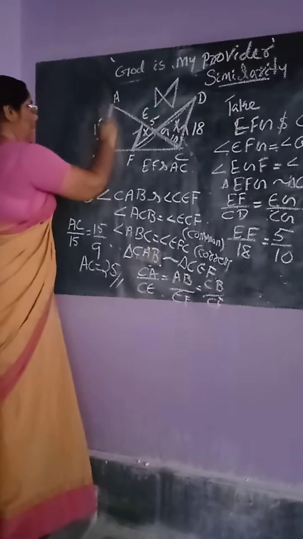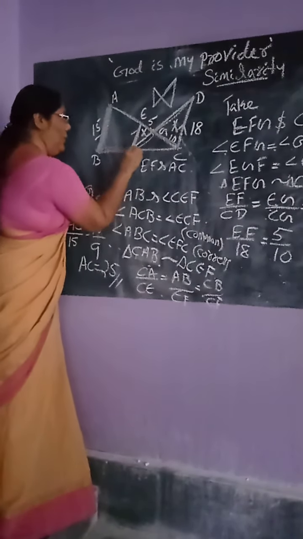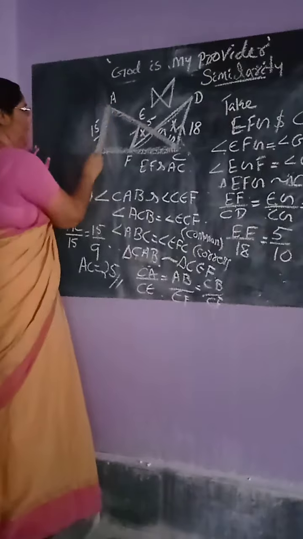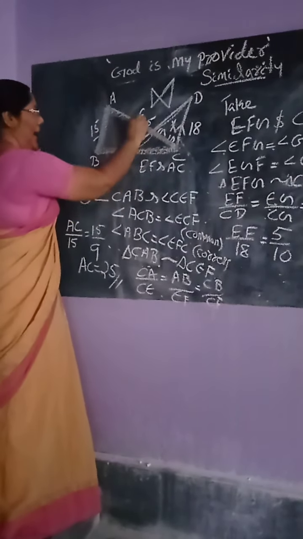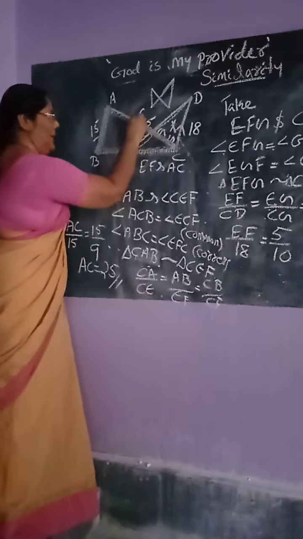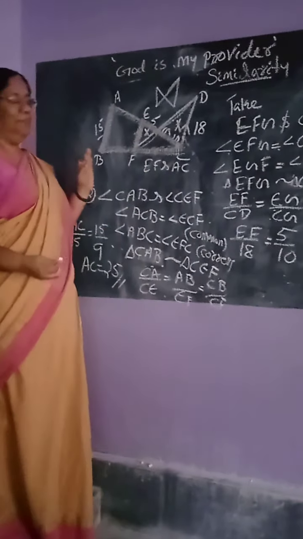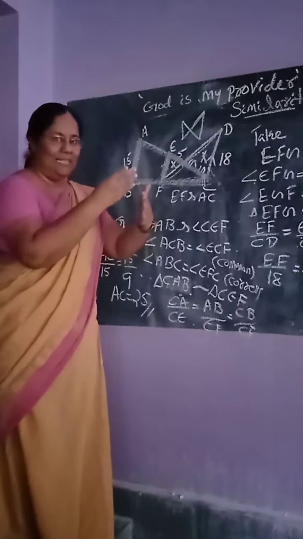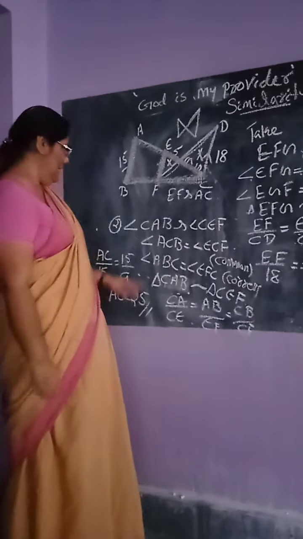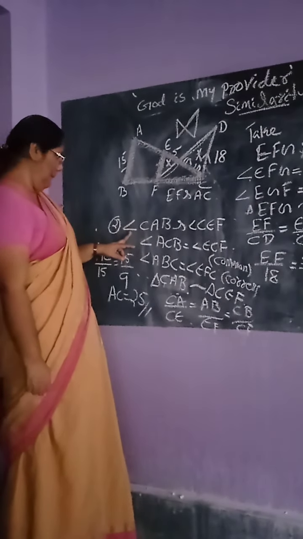AC is in the triangle containing this one. All of you look here. This is the triangle ABC and EFC. This is the same as the basic proportionality figure, isn't it? Therefore, write the step.